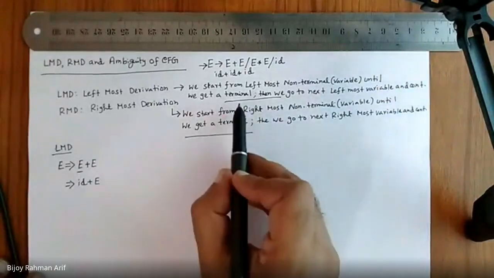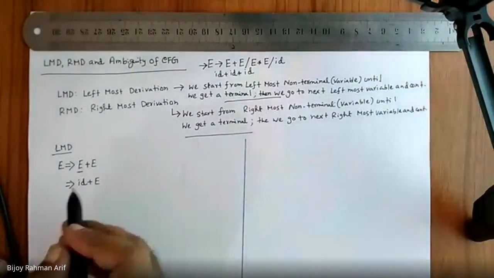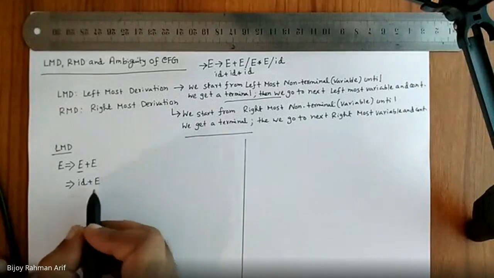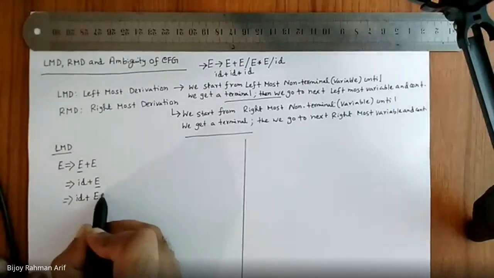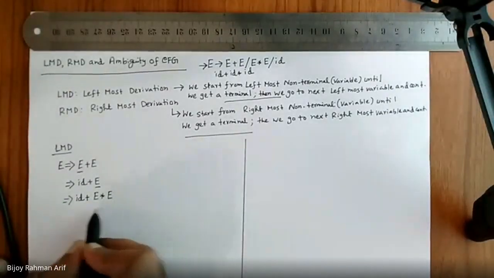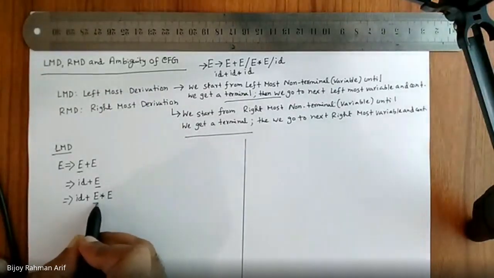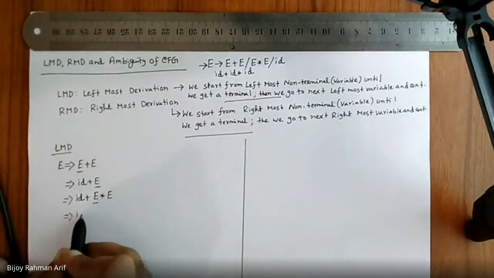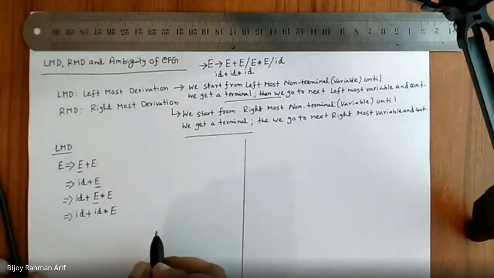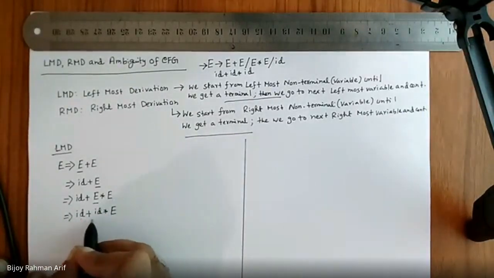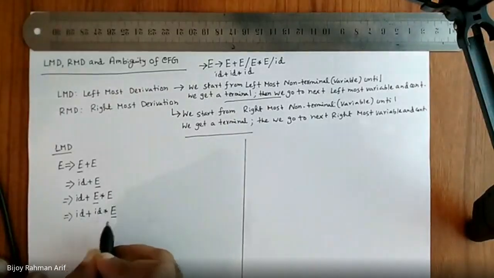So we go to the next leftmost variable. Plus is a terminal, so I have to go over here to E. Then I replace it with E star E. Again I go to the leftmost; this is a terminal, so I take this E and derive ID, so ID plus ID star E. This is a terminal, this is a terminal, and this is the only variable.